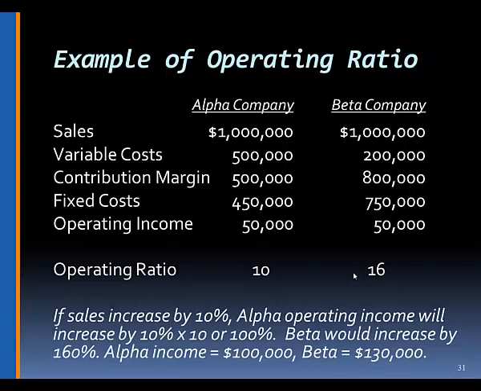You cannot take the published financial statements of two companies, even in the same industry, and make this calculation, because you do not know the mix of their fixed and variable costs. This is proprietary, confidential information. Now, quite often, firms will belong to an industry trade group.